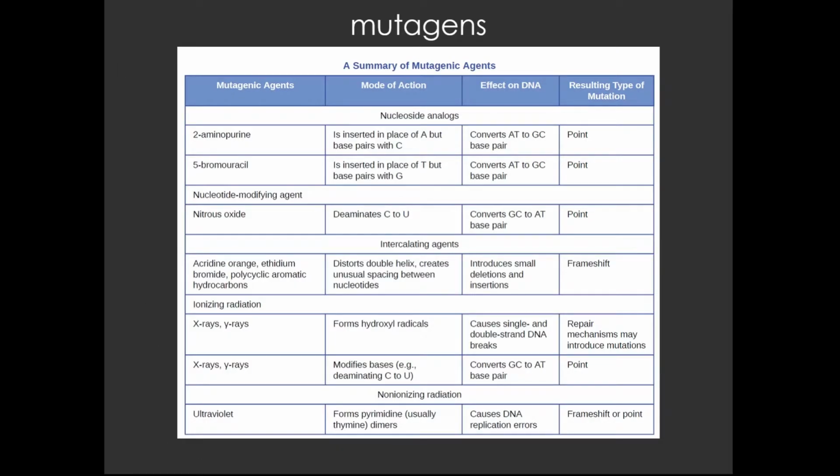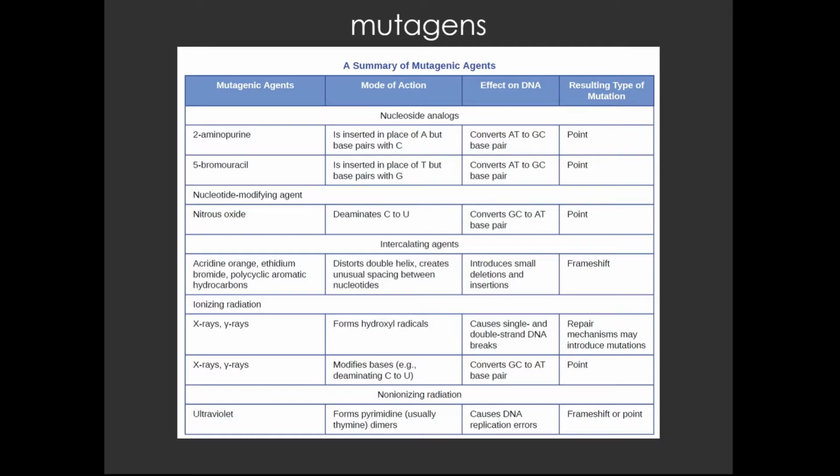There are many different kinds of mutagens with lots of different modes of action. We have nucleoside analogs, those things that appear like nucleotides but base pair incorrectly. We have nucleotide modifying agents, which will cause base pair misalignment.